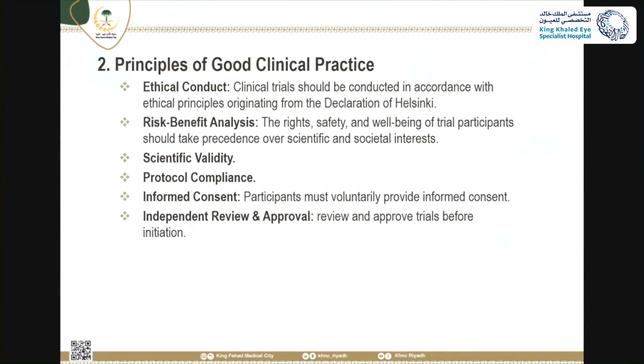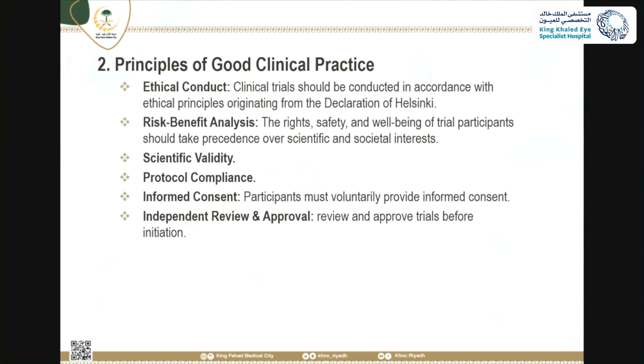The second section in the GCB highlights the ethical standards. We said GCB is a scientific standard and an ethical standard. So the second section of the GCB highlights the ethical standards that you should know ahead of initiation of any study.